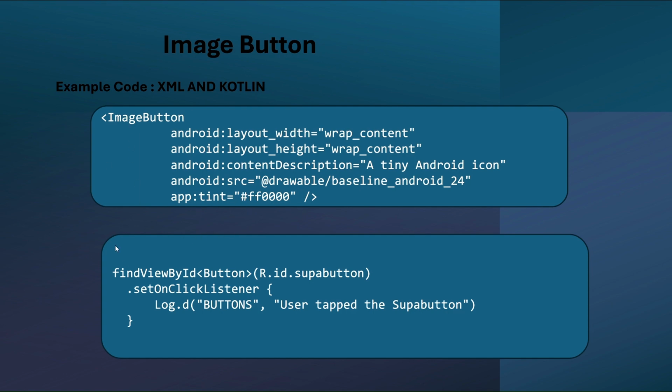And this is a Kotlin code for the image button, same as the button actually. But here the data type, you should mention it as an image button, because in the tag you are mentioning it as the image button. So in the findViewById, you should mention it as an image button.